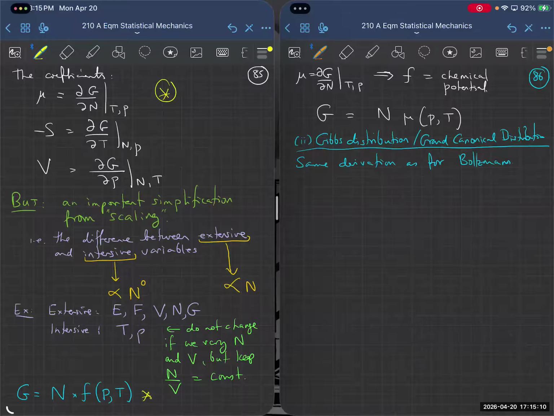Okay. All right. Now let's scoot through this derivation. So let's see what is step one. So step one is I take my joint system. I've now got a reservoir, which we now physically understand. Particles are flying in and out of the system of interest. So for the joint system, I apply the principle of equal a priori probabilities.